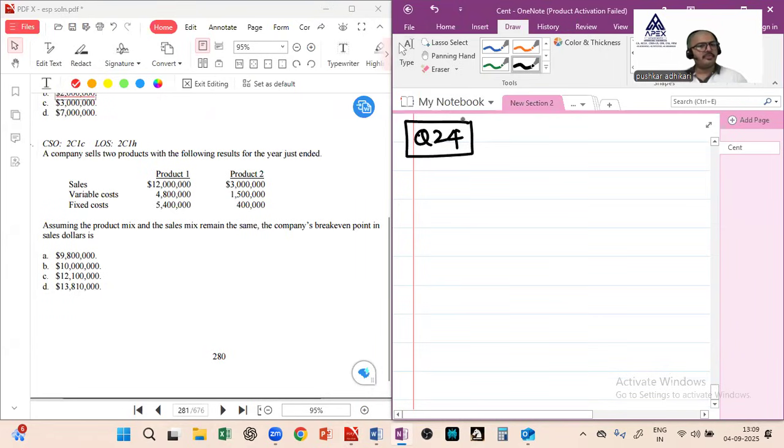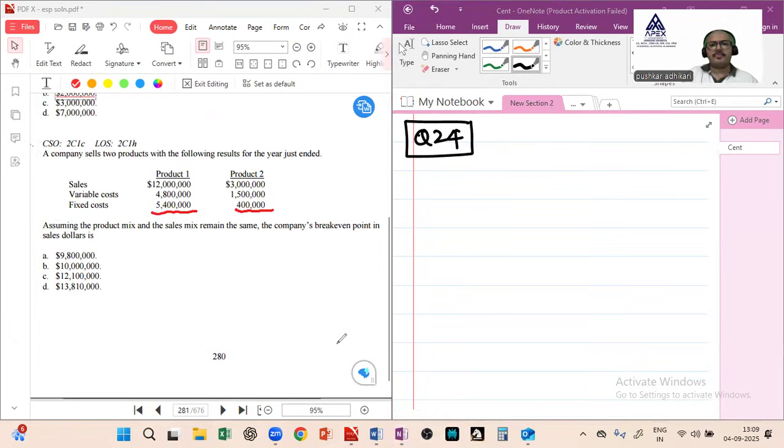Focus on this question. There are two products. Each product has been given its individual fixed cost. While the individual fixed costs are available for each product, assuming the product mix and sales mix is the same, I want the company's break even point, is what the IMA says.